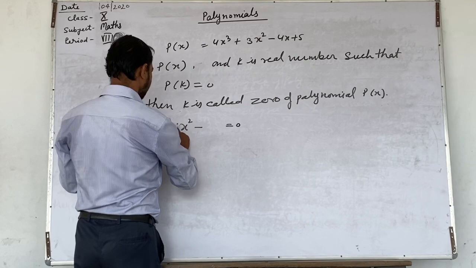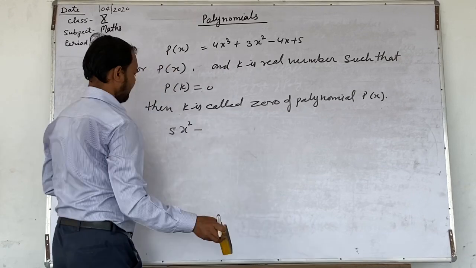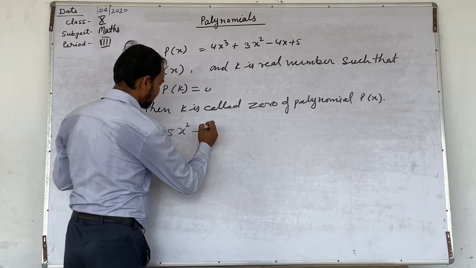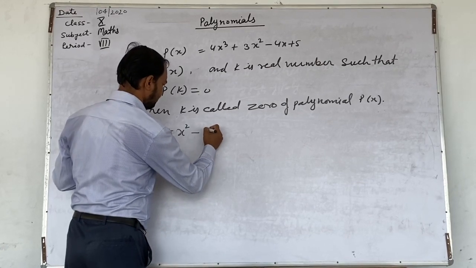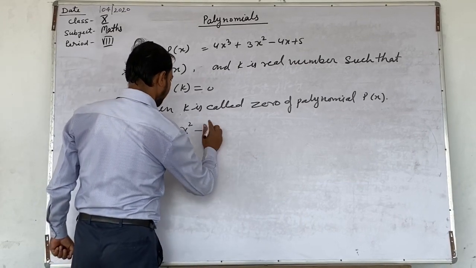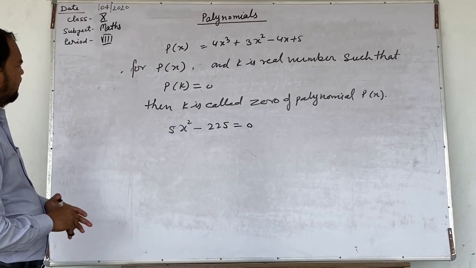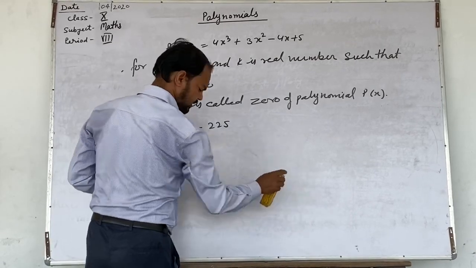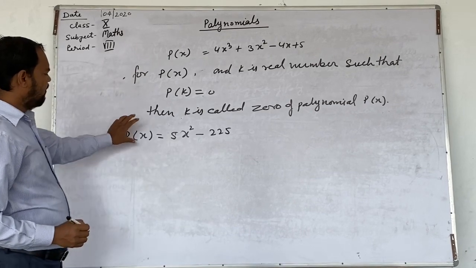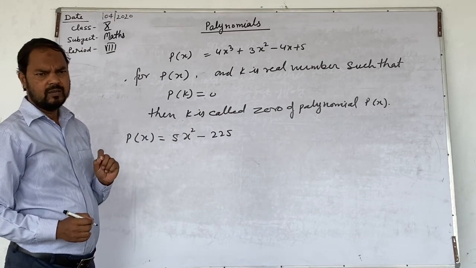If a polynomial px is given as 5x square minus 25, right?